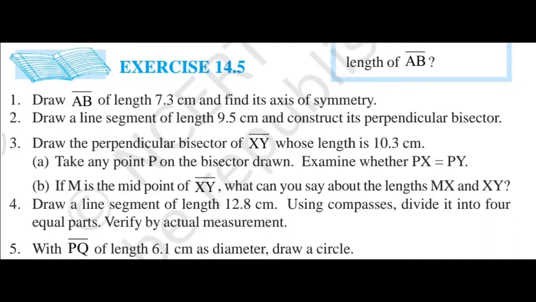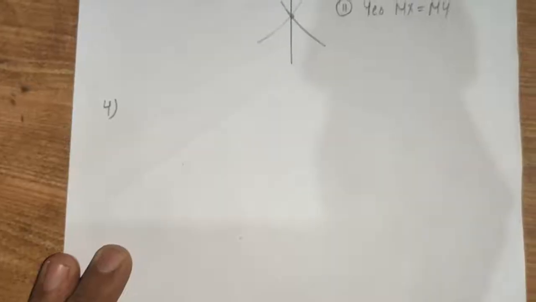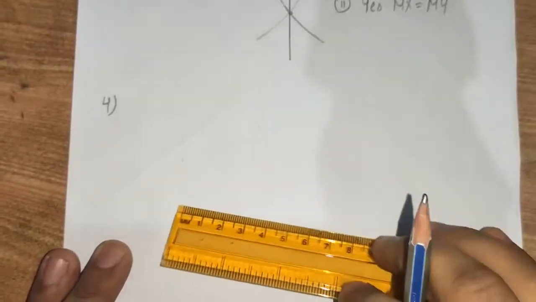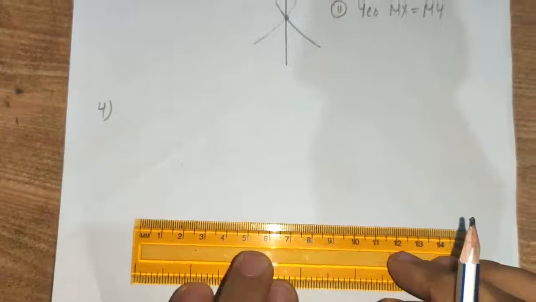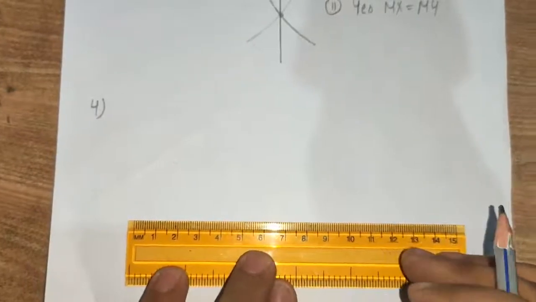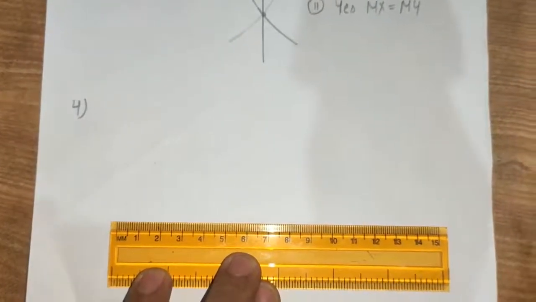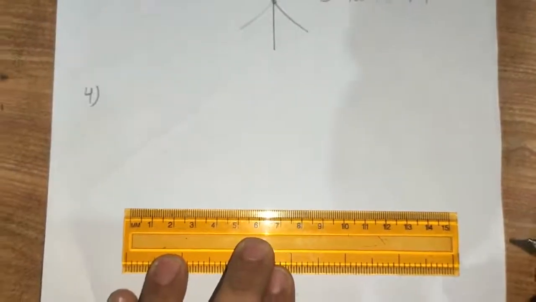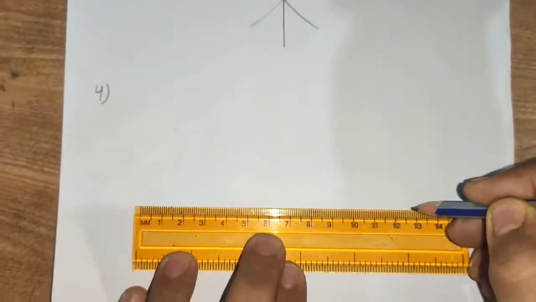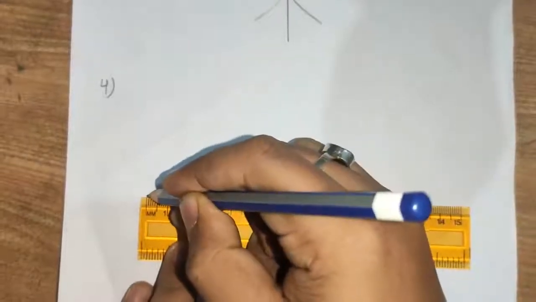Now this is question number 4. Draw a line segment of length 12.8 centimeter using compasses, divide it into 4 equal parts and verify by actual measurement. So this we will verify by the measurement also. Now let's draw it. First of all draw a line of 12.8 centimeter.